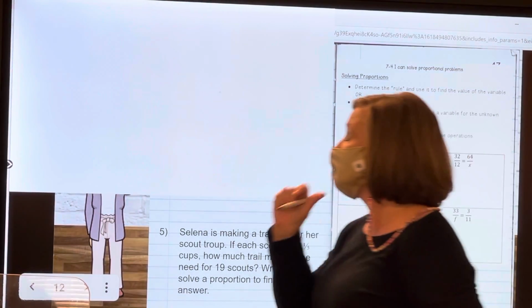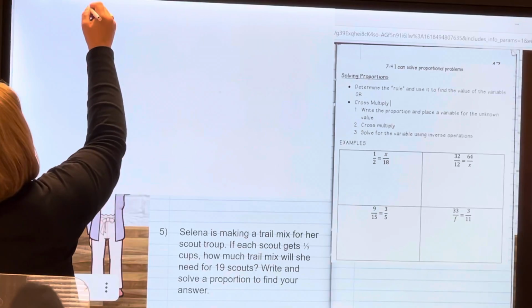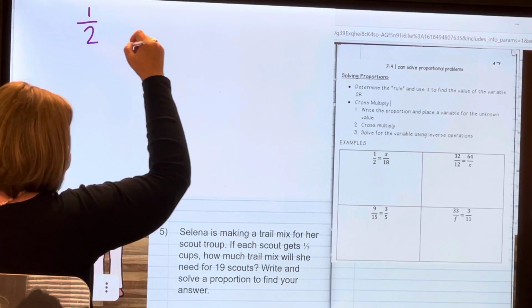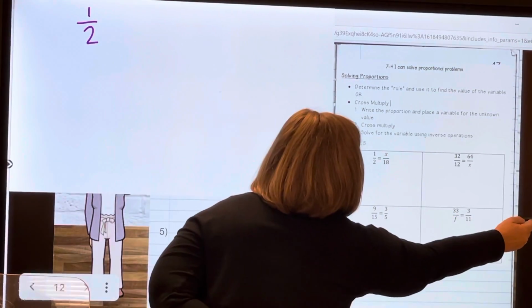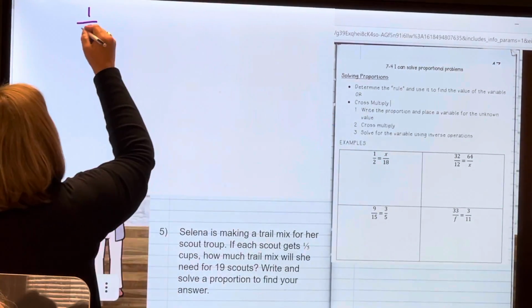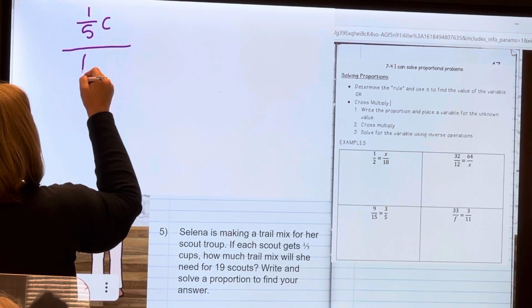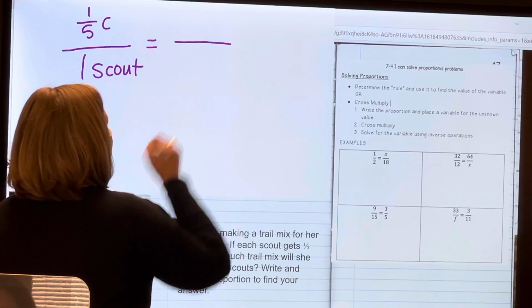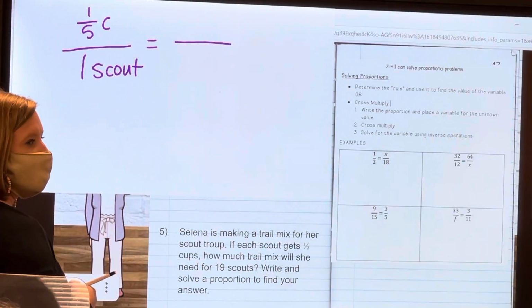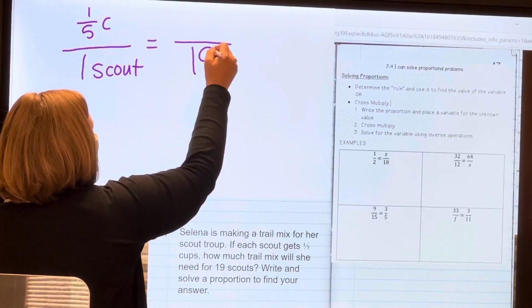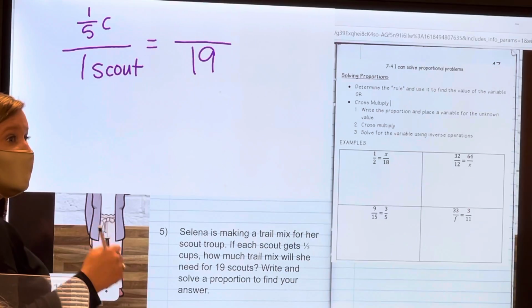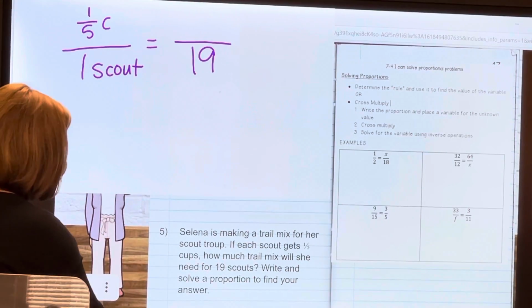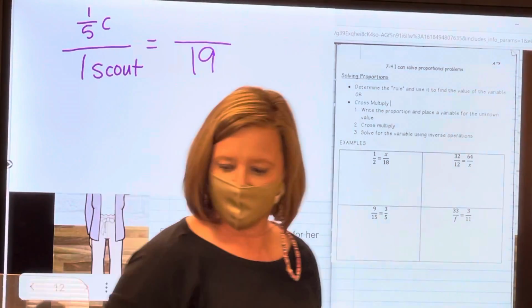So, 1/5 cups for 1 scout. How many scouts do we have? 19. So, how do we get from 1 to 19? Times 19. Figure out your answer.